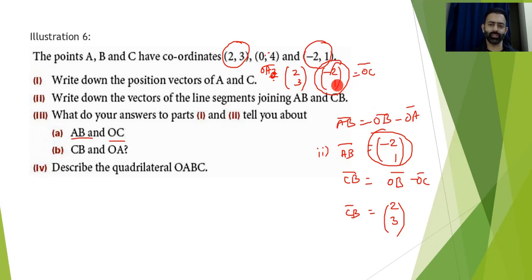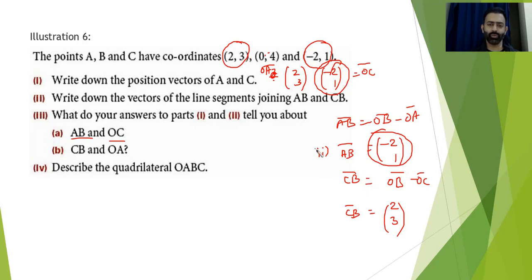Not just parallel, they are equal, because the values are the same. They are not just a multiple of each other. And if you compare CB, which is 2, 3, with OA, which is also 2, 3, OA and CB are equal, and OC and AB are equal.